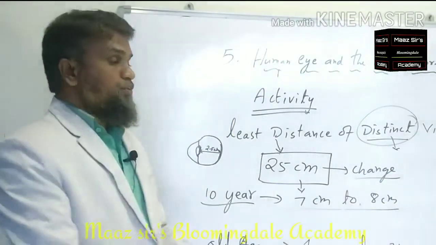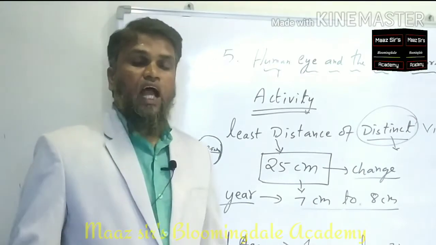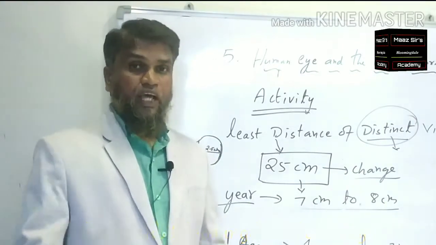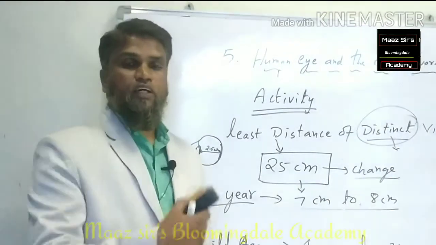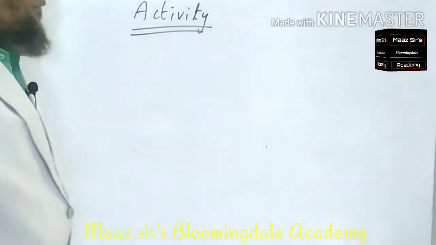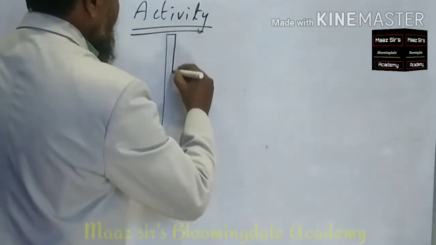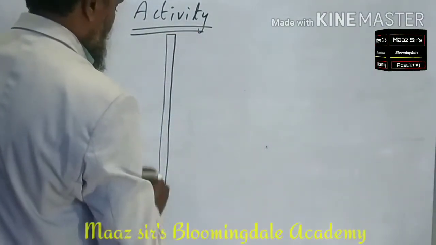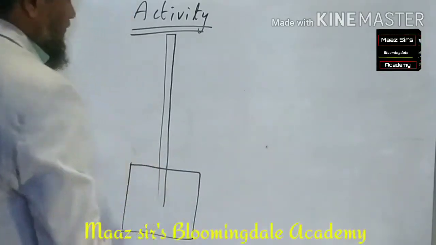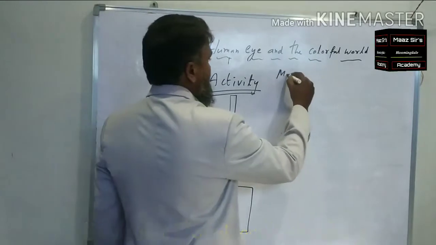Now let us do one more activity to understand the concept of angle of vision, which is very helpful to understand the further concepts. For doing this activity, we need a retort stand and we need a meter scale.